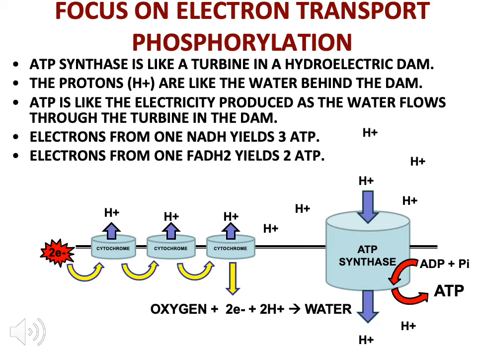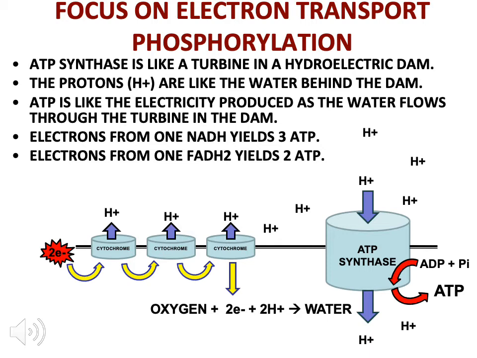If I obtain energized electrons from NADH plus H, those energized electrons in one NADH will yield 3 ATP of energy.